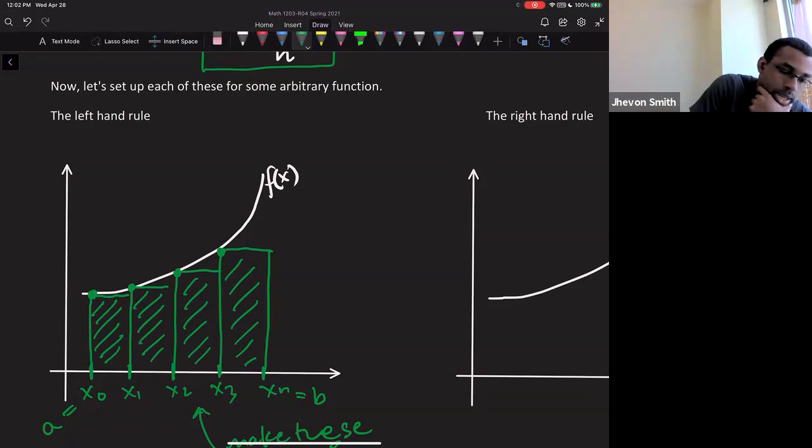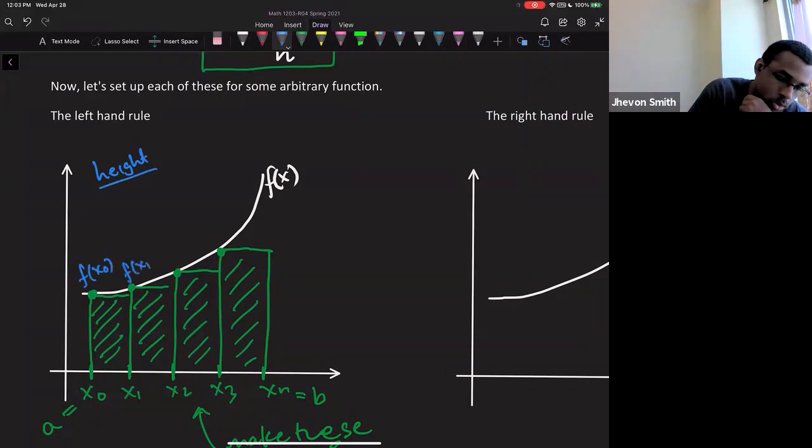Now, of course, the height of these rectangles will be given by the value of the output of the function. So here f of x0 would be the height.